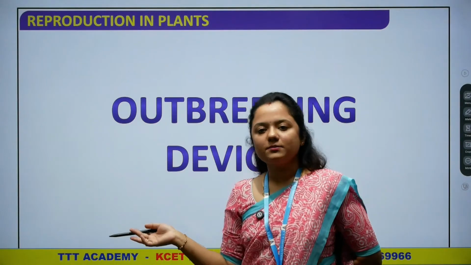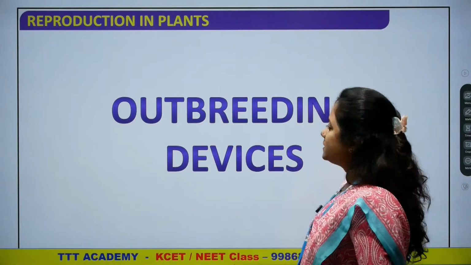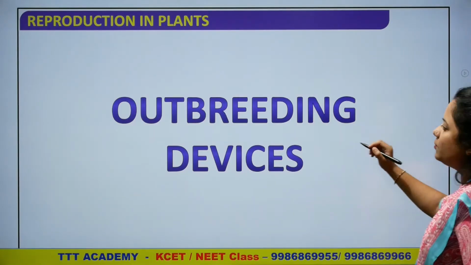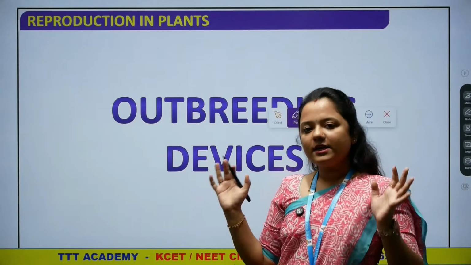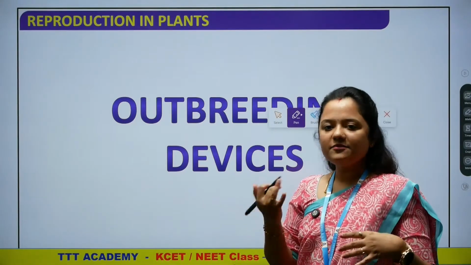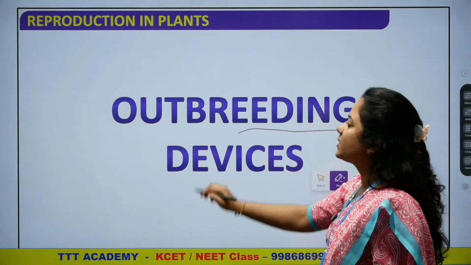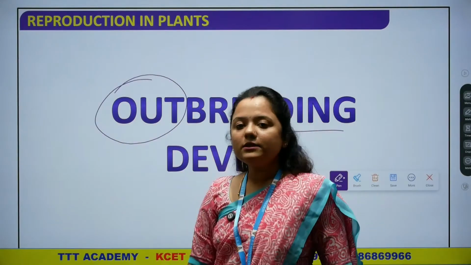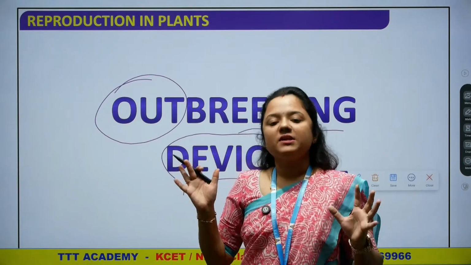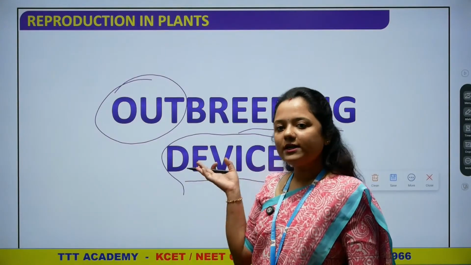What is the meaning of outbreeding devices? Outbreeding. Breeding means what? What is the word meaning of breeding? We know breeding is the fusion, or fertilization, of the male and female gamete. When that takes place, we call it breeding. Outbreeding devices. Devices here does not mean scientific instruments or equipment, which are not present for plants.